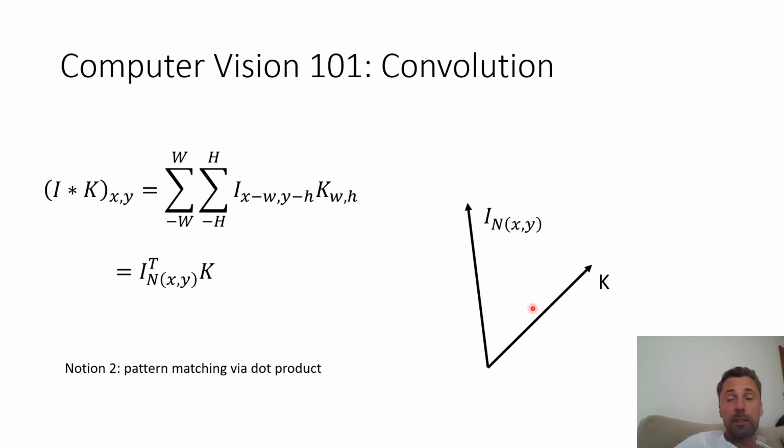A pattern that is defined in k and a pattern that is defined in I are matched, so that the value is large when those patterns are similar, or large but negative when they are exactly the opposite, and if they are orthogonal, so if they do not correlate at all, then the dot product is 0.